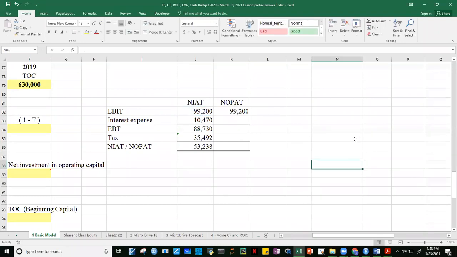Now remember, guys, who is responsible for the activities that generate interest? Is it operating, investing, or financing? Financing.